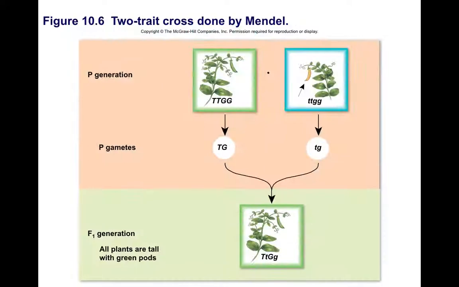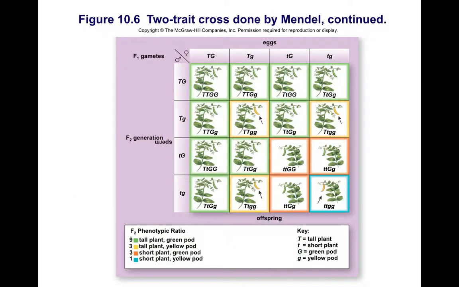So we do it as before, but this time we include 2 different genes that we study at the same time. And this gives us twice as big of a Punnett square. And we can go even bigger by studying many different traits at the same time.